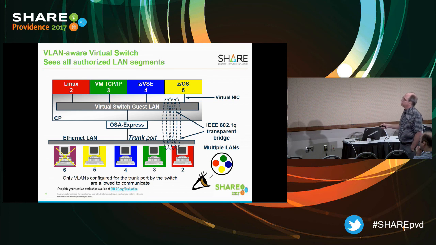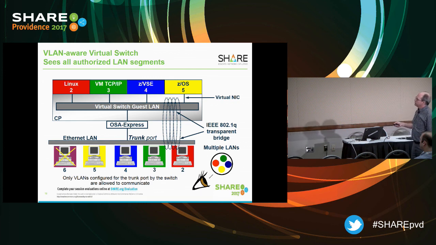VM TCP/IP is in a different VLAN, and it can talk to the ones out here. Nobody can talk to the purple one, whatever color you want to call that, because it's not allowed to come up into the z/VM system. It's fenced off. I can try to send it, and it'll get thrown away, but I'll never receive them.